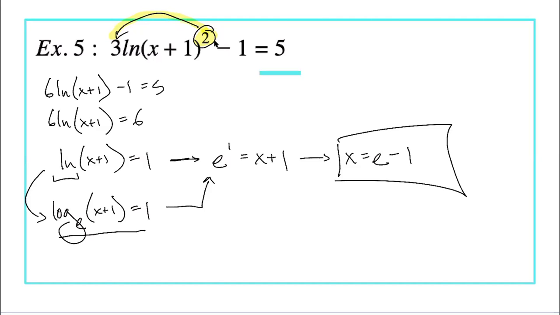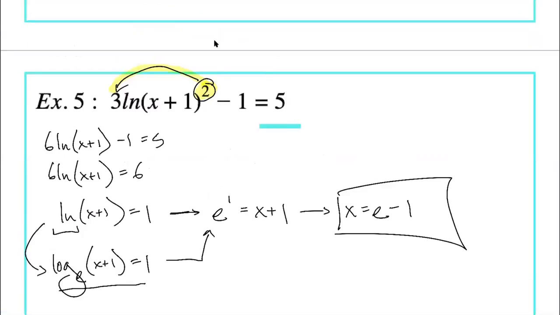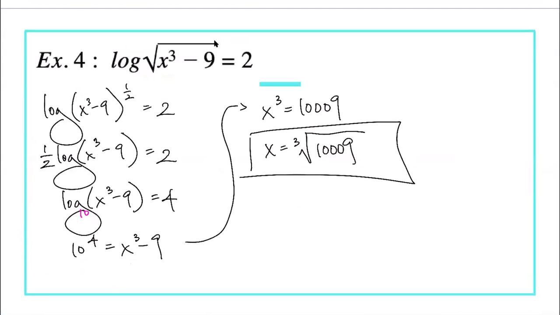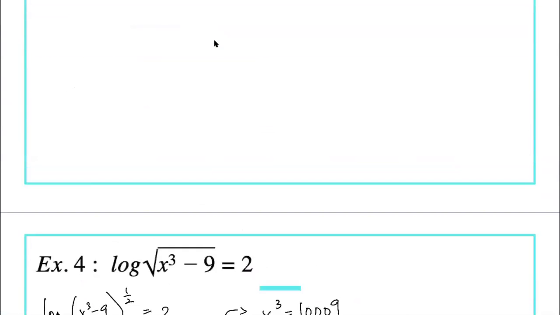I do want to keep all of the questions on the exam very much the same flavor that we've done in our lessons together. So for example, something like example 5, but with different numbers, would be completely fair game. Something like number 4 with different numbers would be completely fair game.